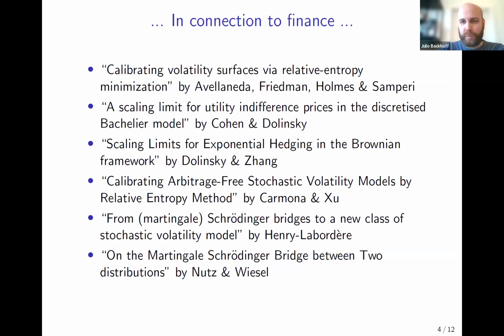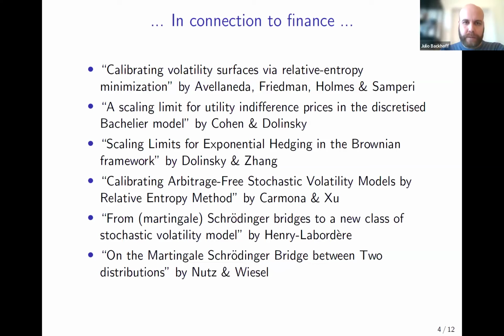Passing to the limit, if it would be possible in that paper, would be related to the specific relative entropy. Okay. So this is just not an extensive list. I think many people have worked in finance in connection to relative entropy. Of course, we think of minimal entropy risk, martingale measures, and so on. But these are the papers that are closest to what I'm talking about today.